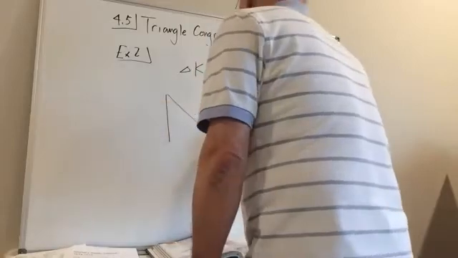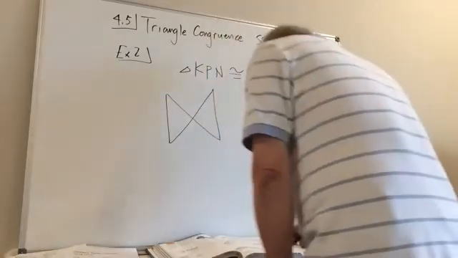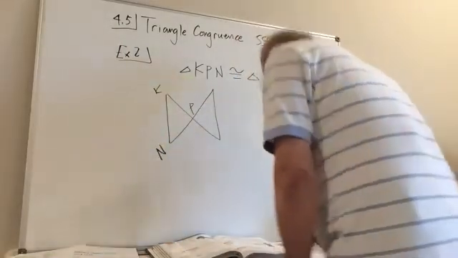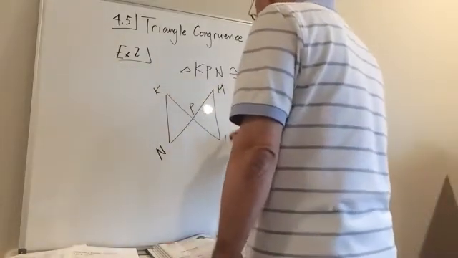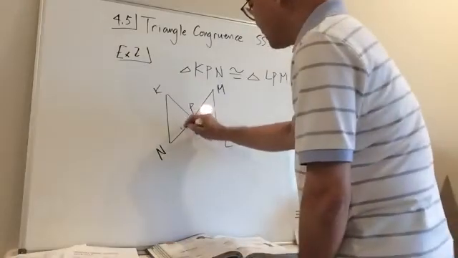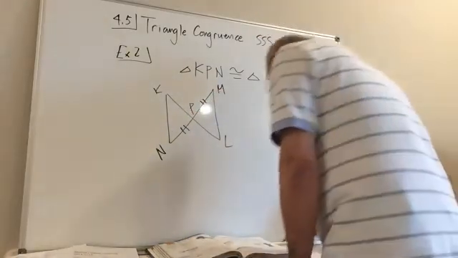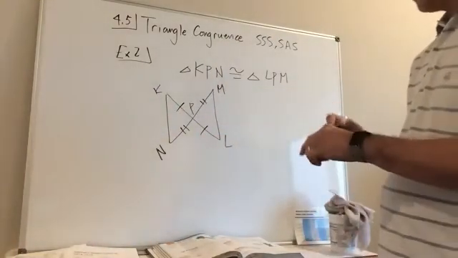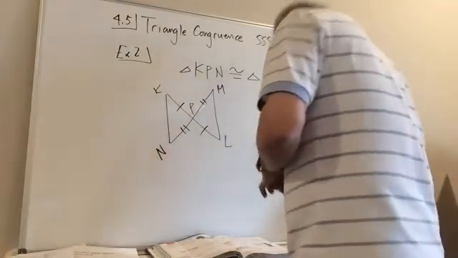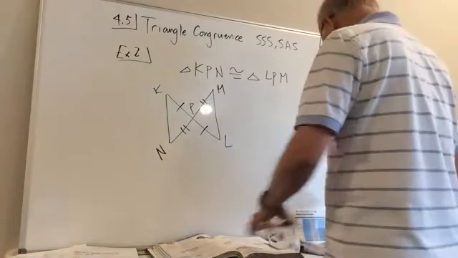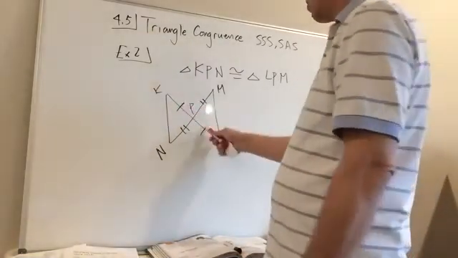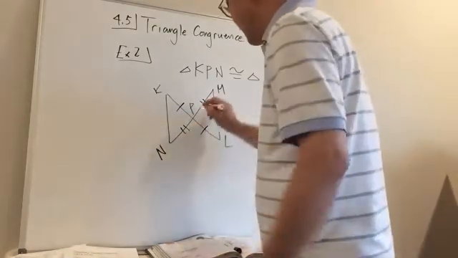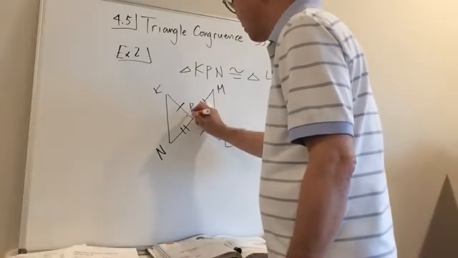It looks something like this: K, P, N, M, L. We are given that these two are congruent and these two are congruent. It tells us to use SAS, so we need these two sides the same and these two sides the same, and we need to prove that this angle is congruent to this angle.